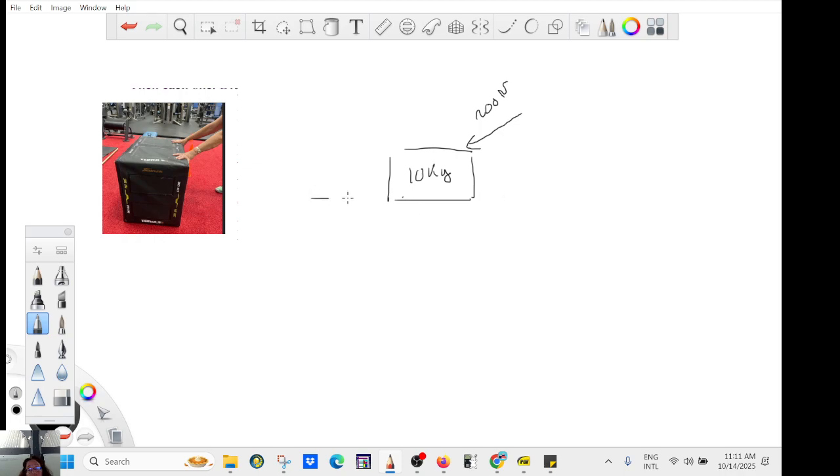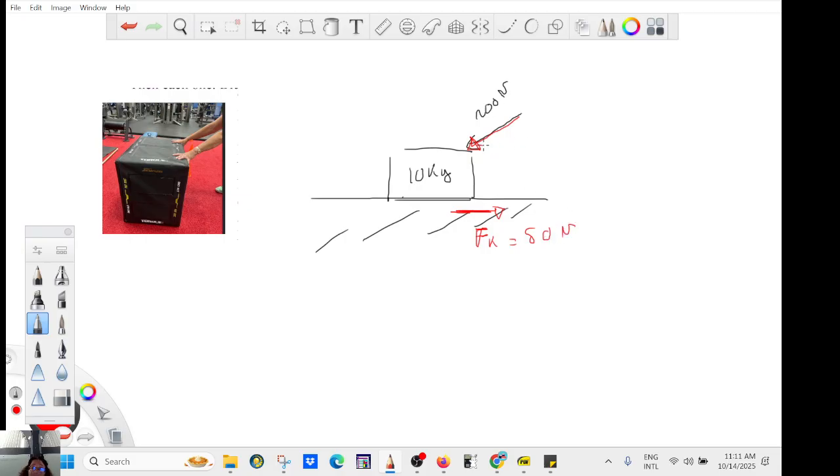And on the ground, let's say you have some kinetic friction. Kinetic friction is always opposing. That's going to be 50 Newton.